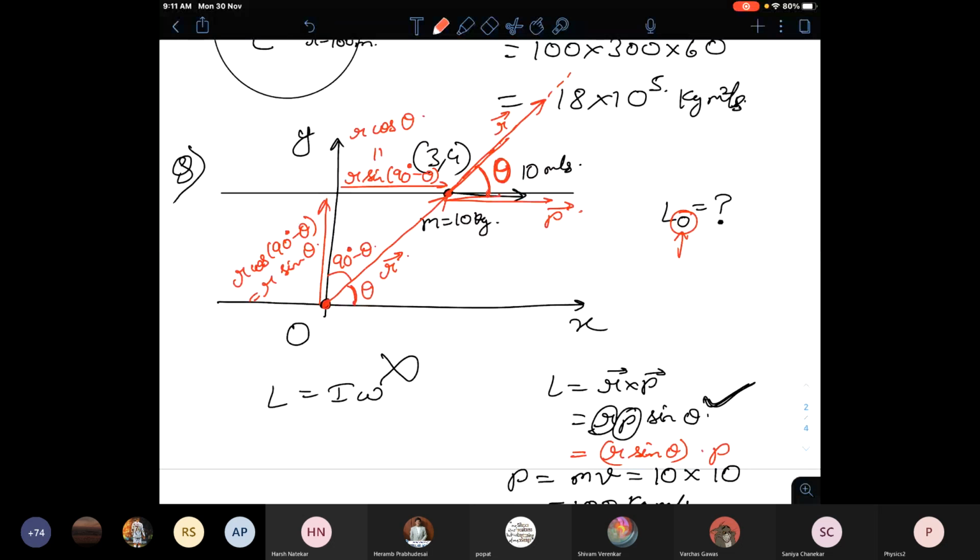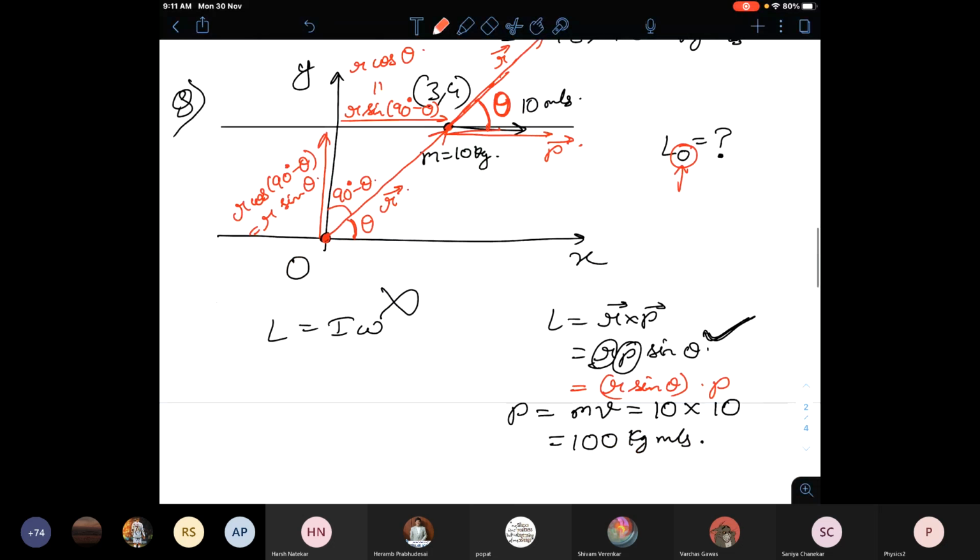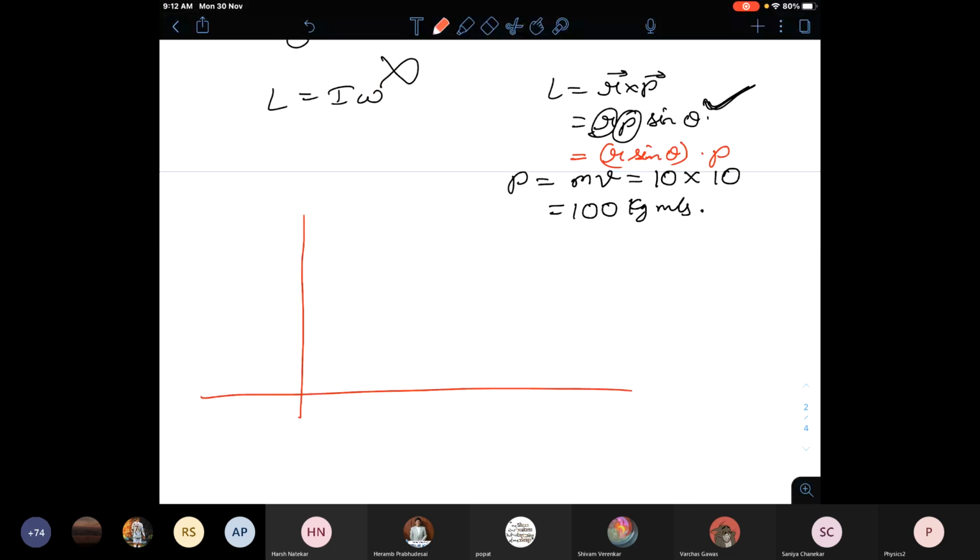So if I draw this diagram again over here, just wait a minute, I will show you that figure again. I have my momentum in this direction. This is r sine theta. This is r cos theta. Now, you want to find angular momentum.